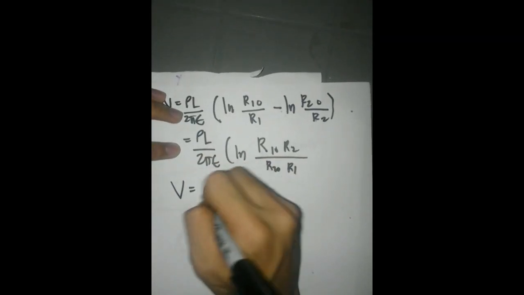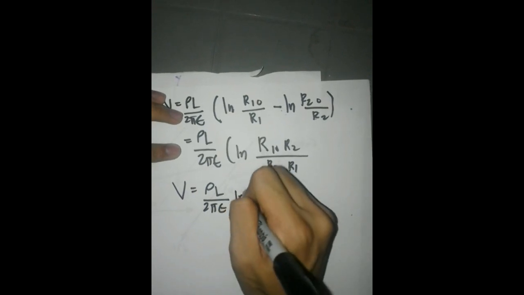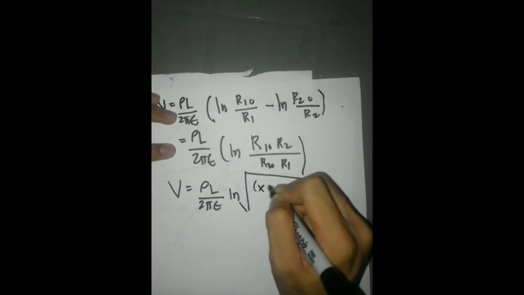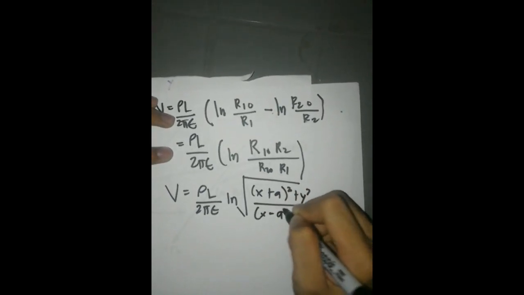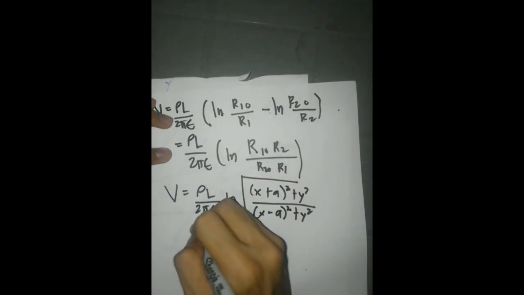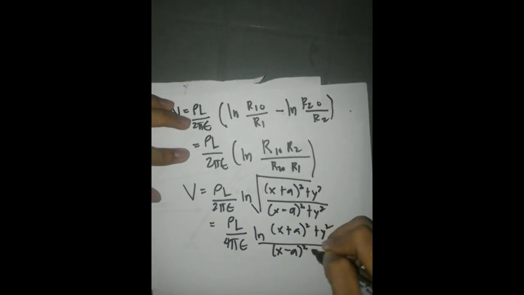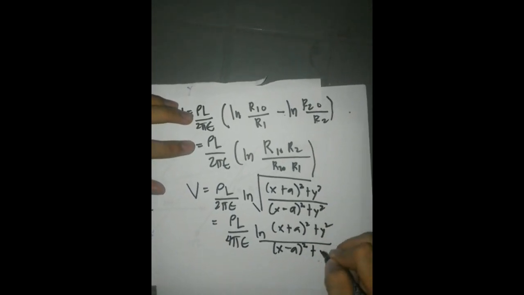This surface is the x equals 0 plane. Expressing R1 and R2 in terms of x and y, and substituting the formulas for R1 and R2, V equals rho L over 4 pi epsilon ln of (x plus a) squared plus y squared over (x minus a) squared plus y squared.